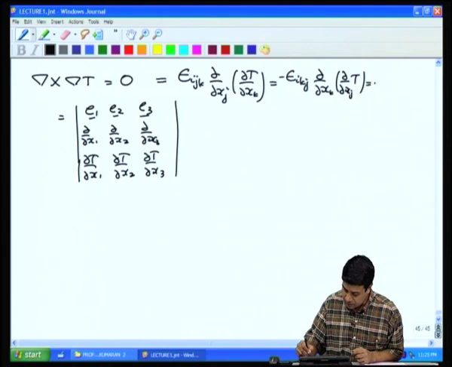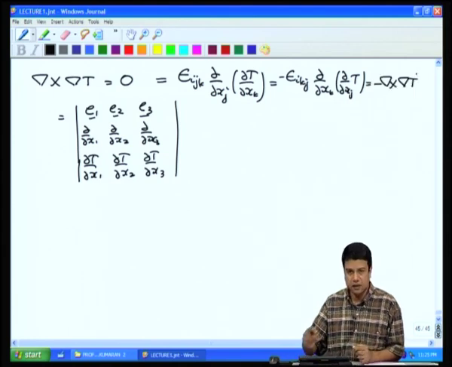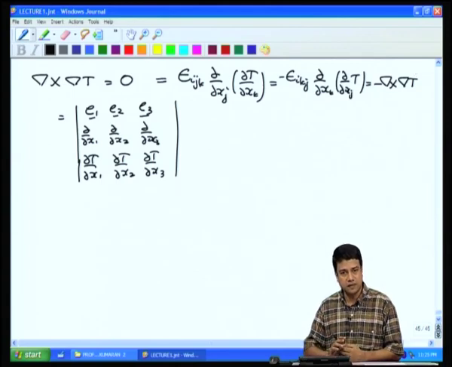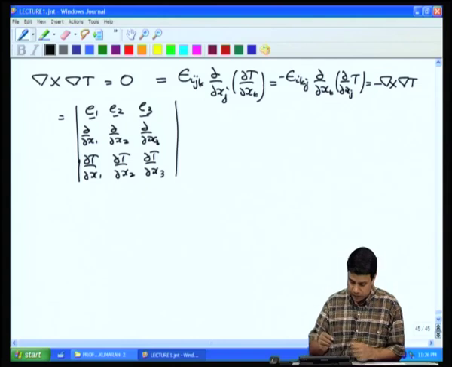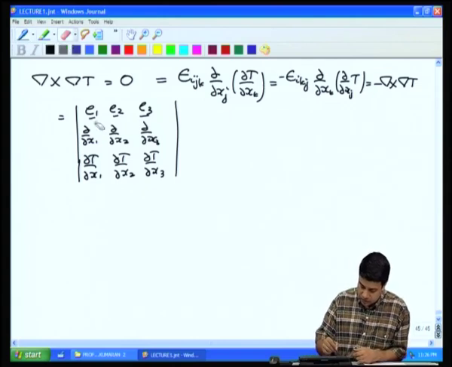So, this is equal to minus curl of grad T. It is also equal to minus curl of grad T. If a number is equal to the negative of itself, it can only be 0. So, the curl of the gradient of anything is equal to 0. The converse is also true.